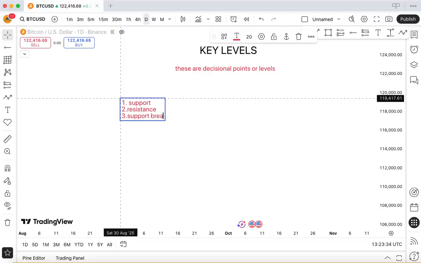Support breaks, becomes resistance. In bracket we can call this the SBBR, or you can just call it the SBR. Support becomes resistance.